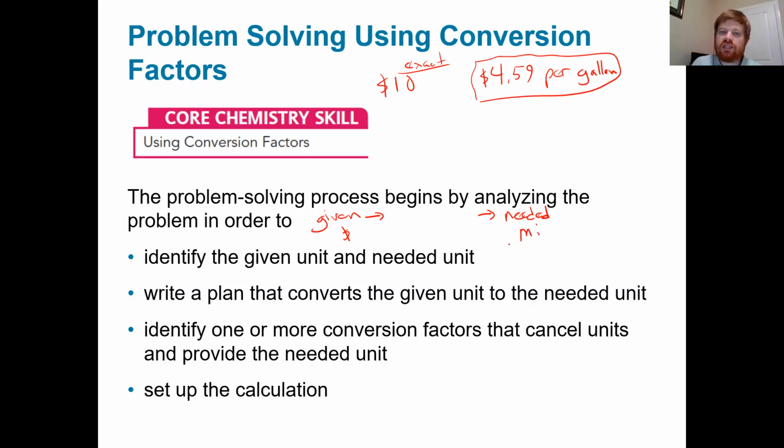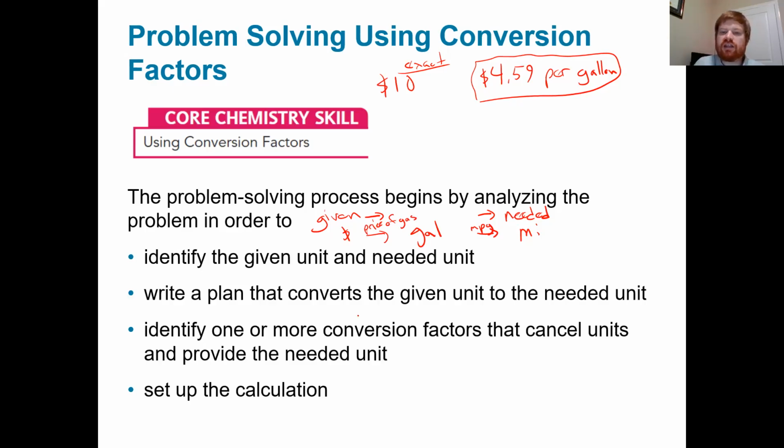Now, we can't go directly from dollars to miles, but if we know how to get from dollars in our pocket, our $10 bill, to the gallons of gas using the price of gas, then we can get from gallons of gas to miles traveled by using the fuel economy of our car, or the miles per gallon. So then we can make sure that we can get to campus or wherever we need to go.